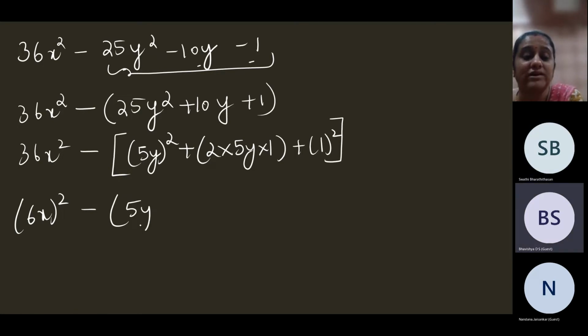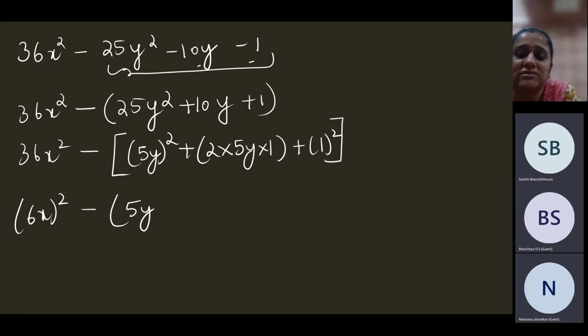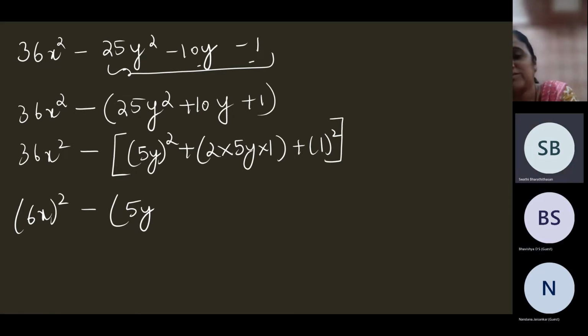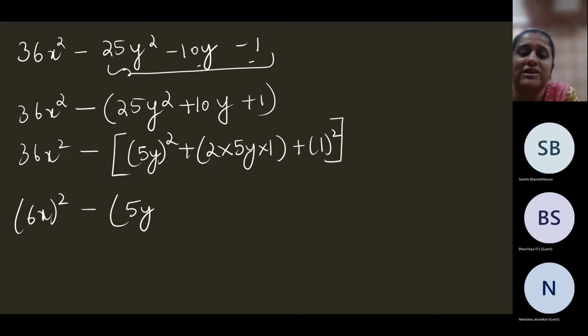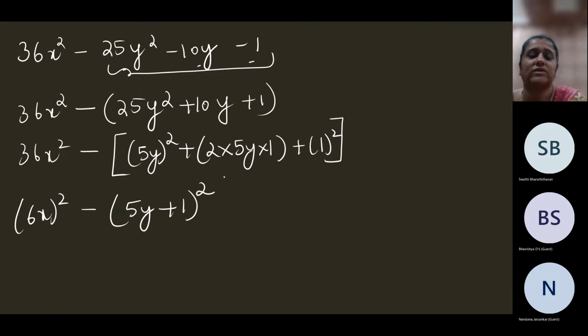So 5y plus 1 the whole square, because it is a square plus 2ab plus b square, so a plus b the whole square. A is 5y, children, and 1 is b.